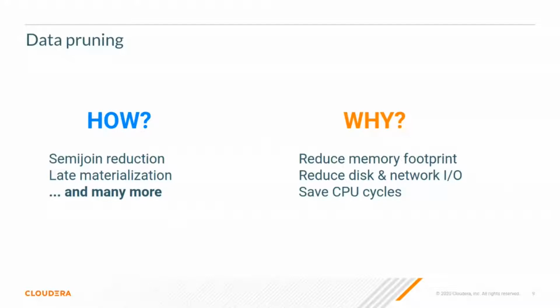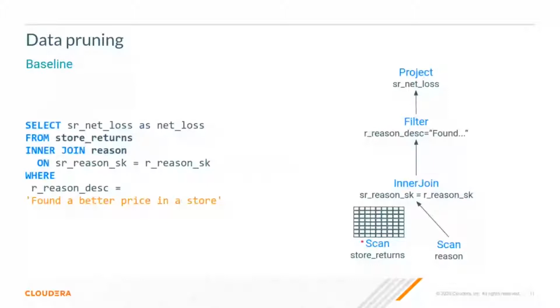This SQL query asks for the products that were returned due to the fact that the customer found a better price in another store. And for all this, we are going to return the net loss for each product. So the query plan is quite straightforward. We have a scan of two relations, the store returns, which is the fact table, and the reason relation, which is the dimension table.